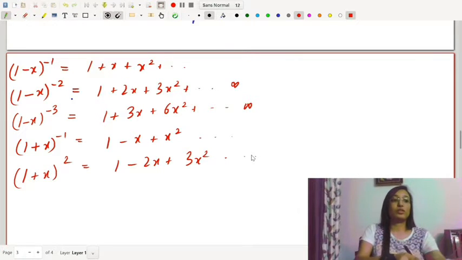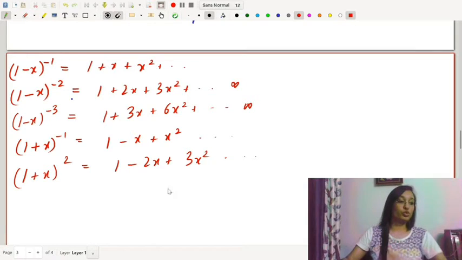Why have I told you these formulas? Because this would be useful in what we are going to do next.